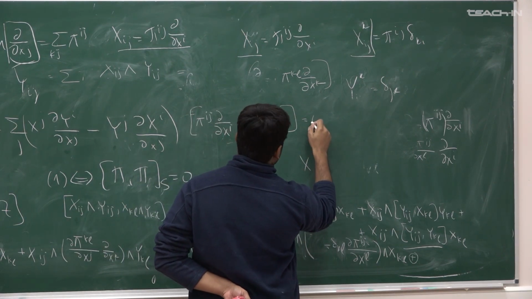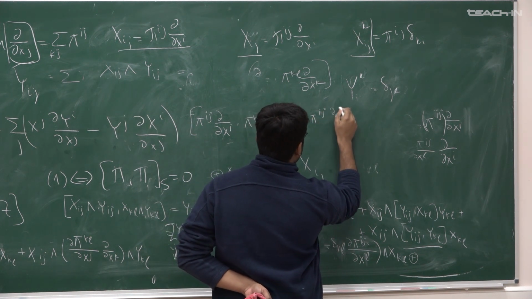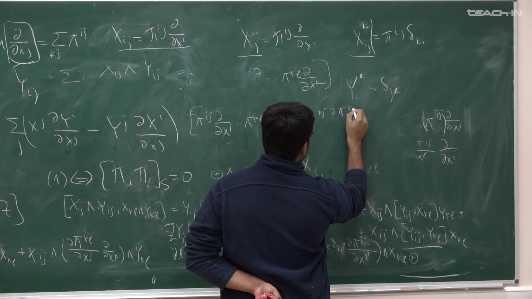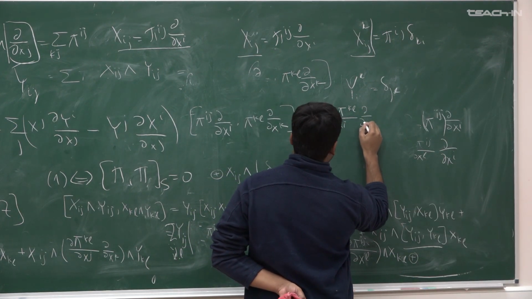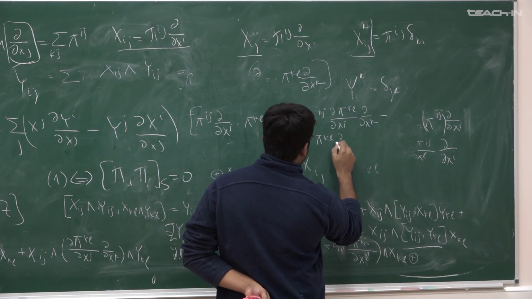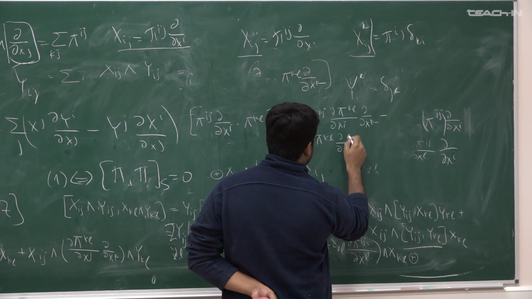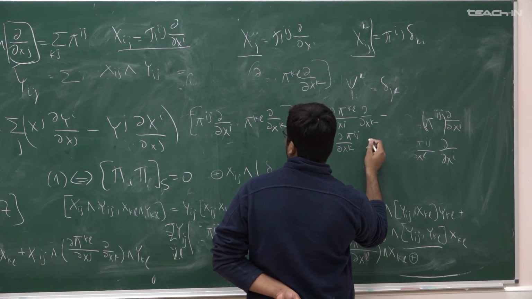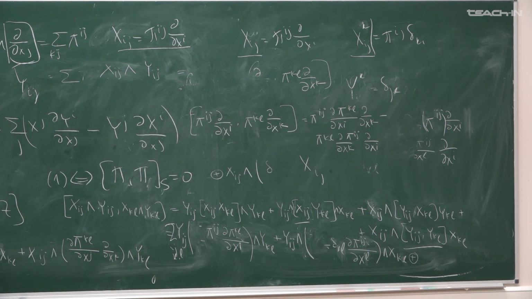The first one will be Ij. Nothing to do here. Just keep it like that. But you see, you have the vector field part. Yes. Maybe better I should remove all these things and write everything correctly.